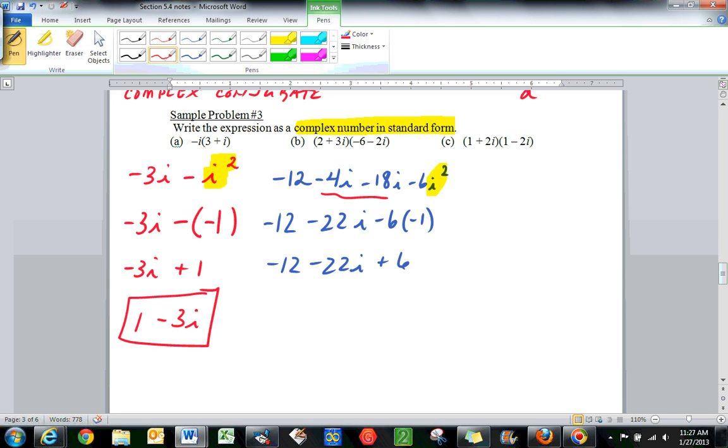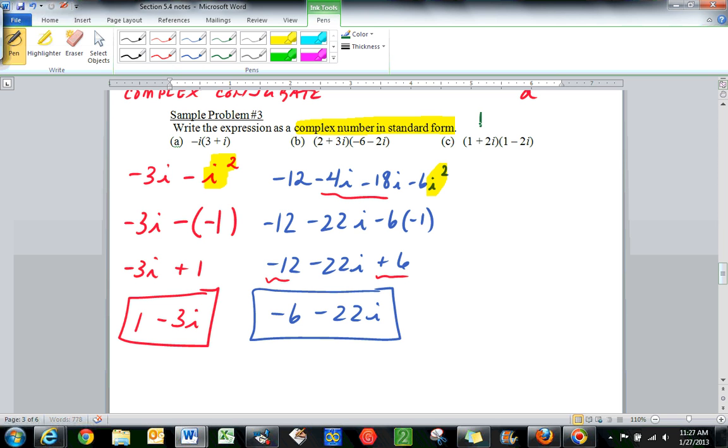This gives us a couple more like terms to put together. So we're going to end up with -6 minus 22i. Since our real portion is first and our imaginary portion is second, we now have our complex number in standard form. Okay, and then our last example, part C.